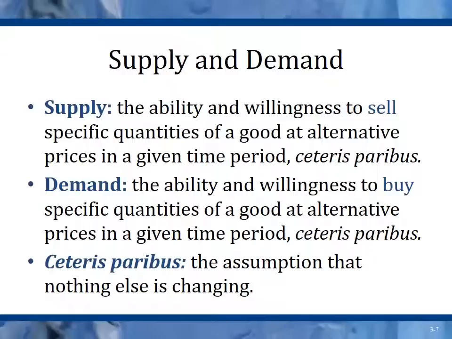And this last part is very important. I'm guessing, I don't speak Latin, but I'm guessing this is ceteris paribus. I apologize to those of you that know Latin and know I'm mispronouncing it. This is the assumption that nothing else is changing. Extremely important. When we're going through all of these examples of supply and demand, and in the class in general, many of the concepts we're going to talk about are in a perfect world where there's no outside factors weighing in.